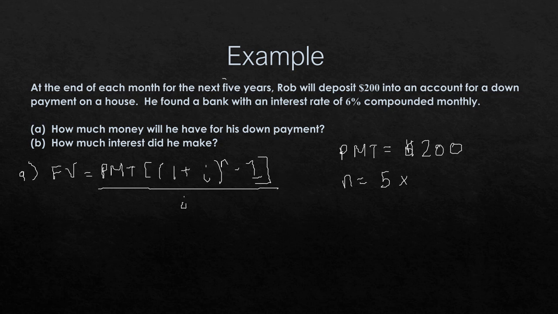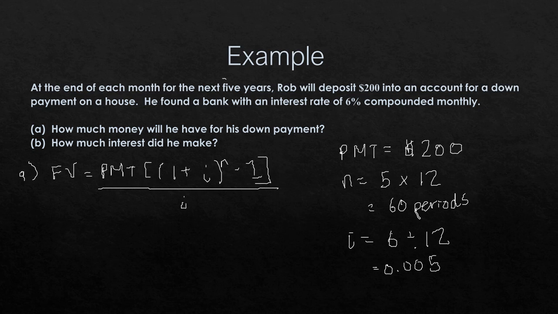So each month, the end of each month for 5 years. So that means we're making 5 times 12, so that's 60 periods. And the interest is also compounded monthly. So my I is going to be 6 divided by 12, which is going to be 0.005.